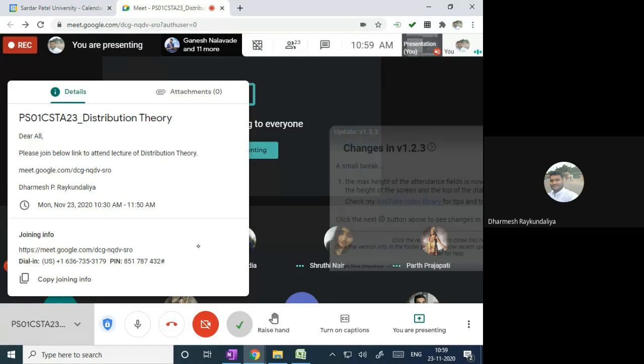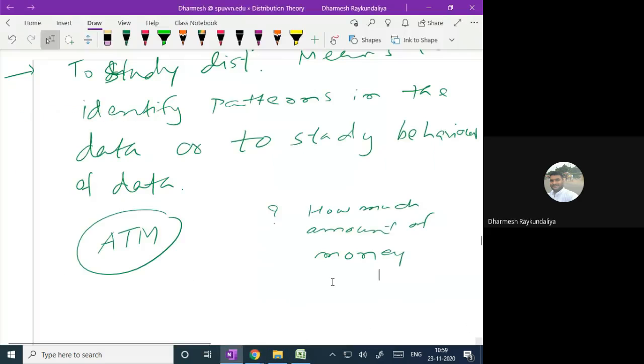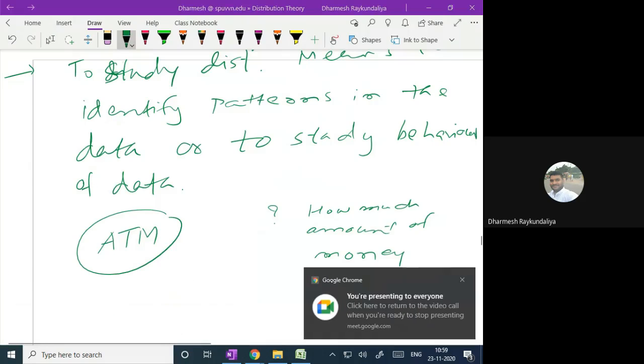So my question is, how much amount of money should I keep in the ATM machine?